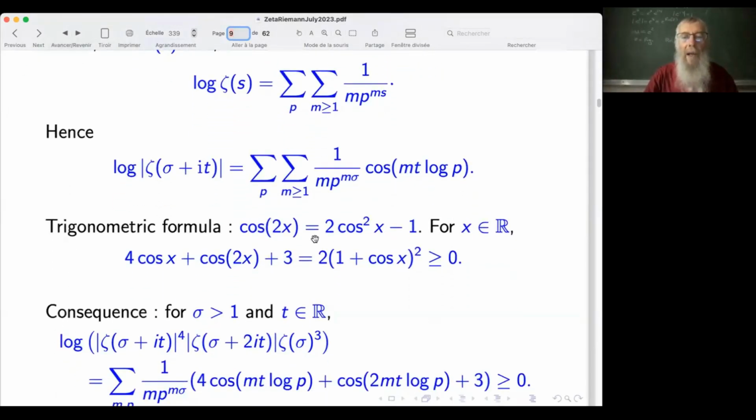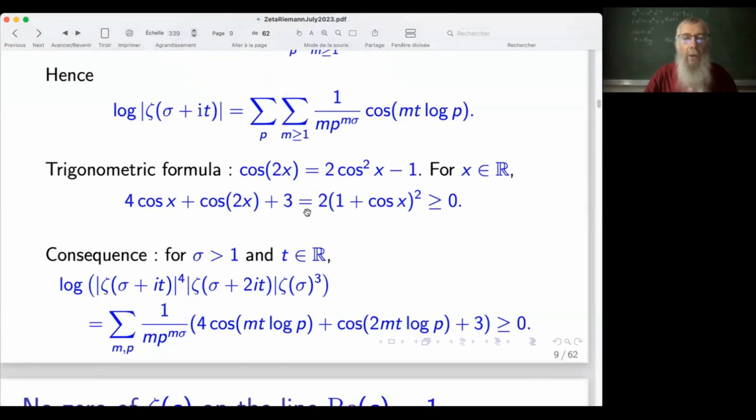Cosine 2x is 2 cosine squared x minus 1. And therefore, if x is a real number, we get 2 times (1 plus cos x) squared, which is 2 plus 4 cosine x plus 2 cosine squared x. But the cosine squared x, we replace by (cosine 2x plus 1)/2. And so this is what we find here: 3 plus 4 cosine x plus cosine 2x is always greater than or equal to 0.